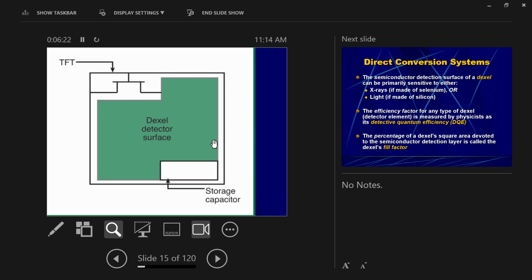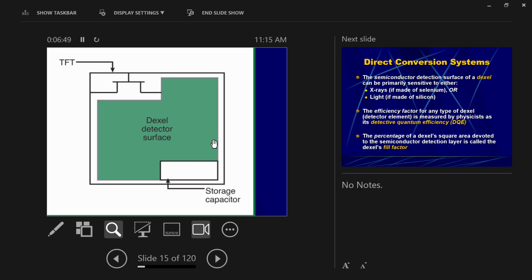However, before this material came out, we had what's called indirect conversion. Indirect conversion is, as it sounds, a little bit indirect. We used x-rays, they passed through the patient, they hit the image receptor, but then we took the x-rays and changed them into visible light.